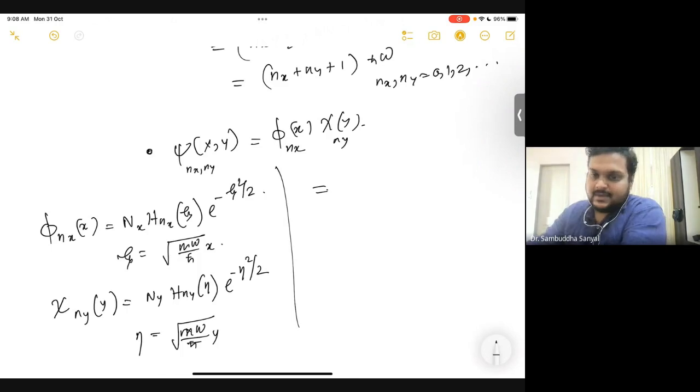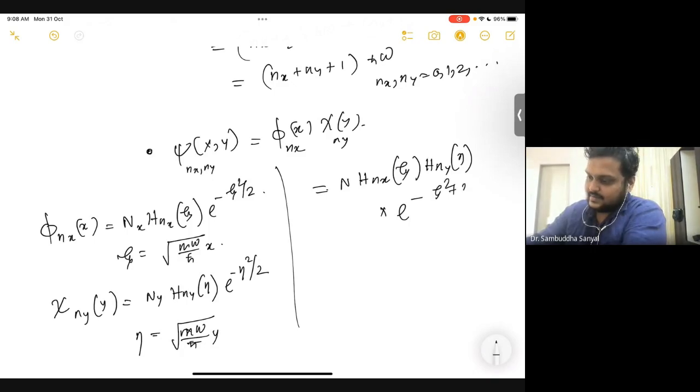So this thing will be times e to the power minus zeta square plus zeta square divided by 2.